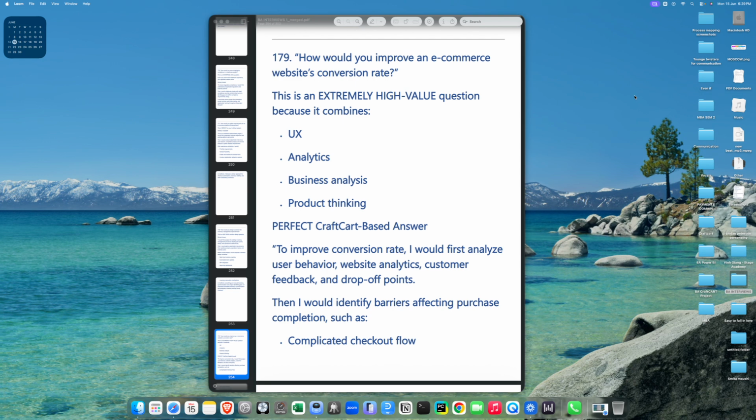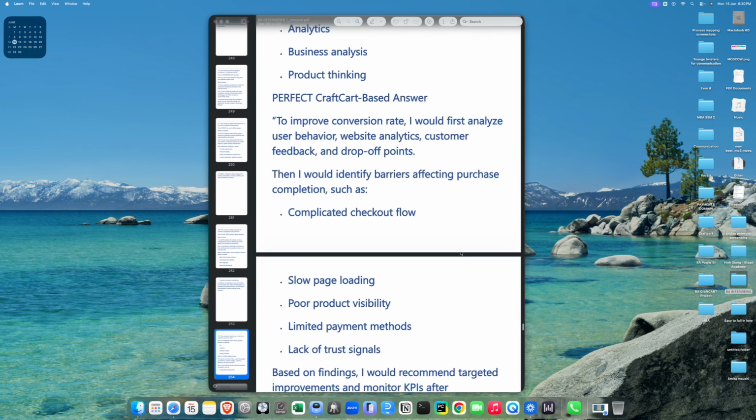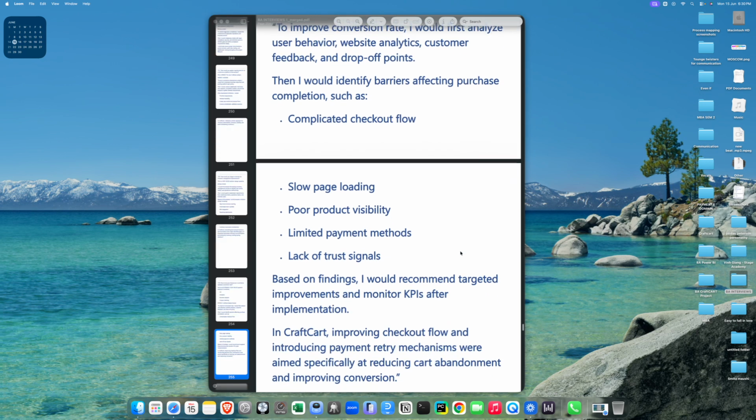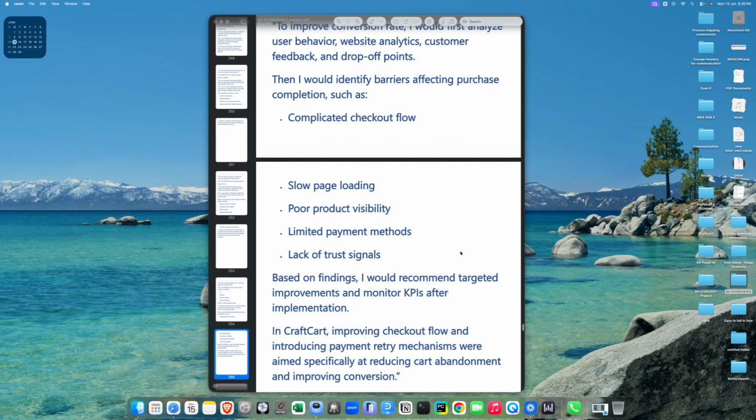As a BA, I would answer, to improve the conversion rate, I would first analyze user behavior, website analytics, customer feedback, and drop-off points. Then, I would identify barriers affecting purchase completion, such as complicated checkout flow, slow page loading, poor product visibility, limited payment methods, and lack of trust signals.